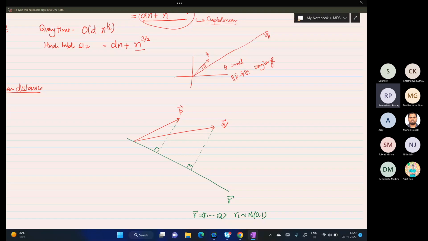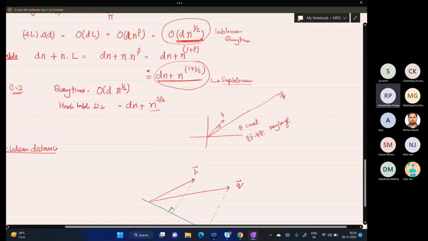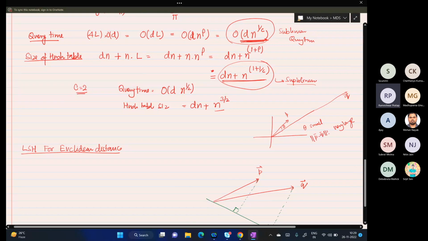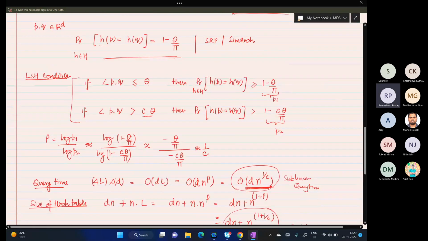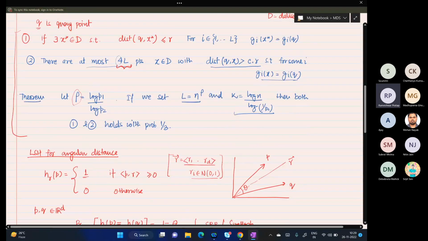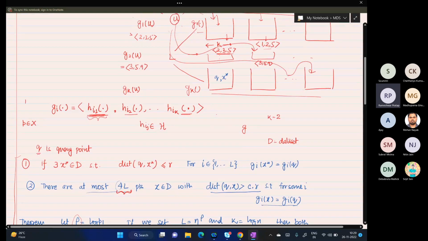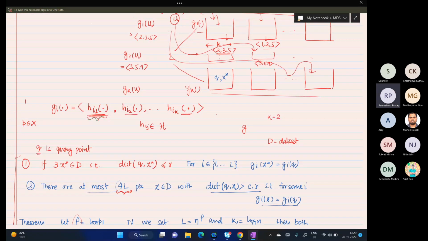Now if you see, our hash value should be some discrete number, some integer valued number.